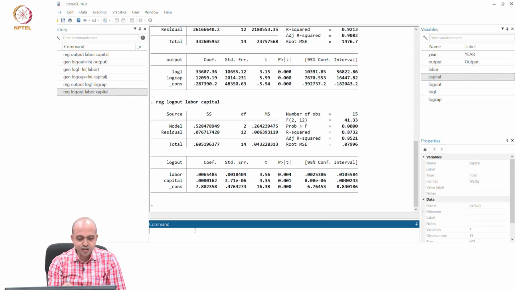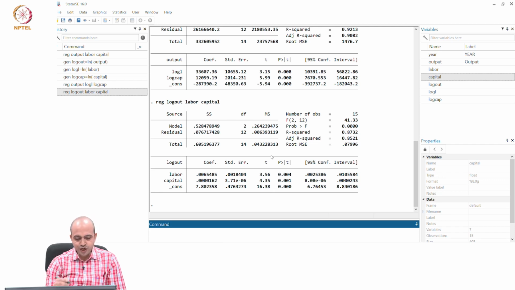For a unit change in lever, output changes by, if you multiply this by 100, 0.65 percentage. For a unit change in lever, output changes by beta hat multiplied by 100 percentage, that means 0.65 percentage.